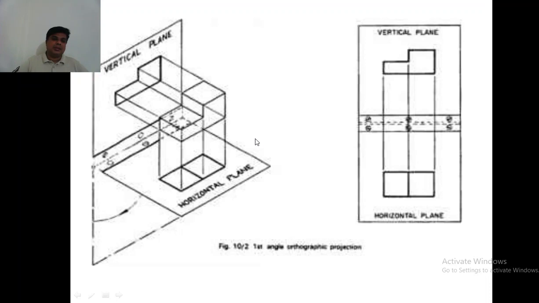Whenever you see the object, the lines of sight, that is the projector lines, will be parallel and perpendicular to the vertical plane. Now you are seeing from here, the object is here, the vertical plane is here.